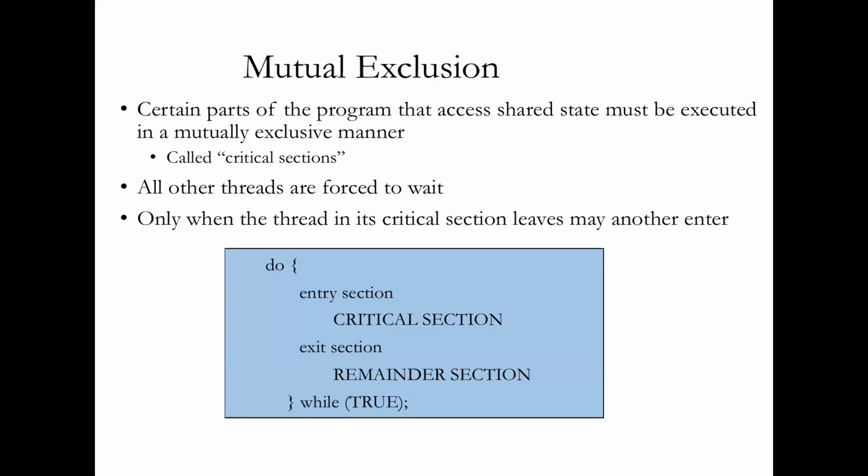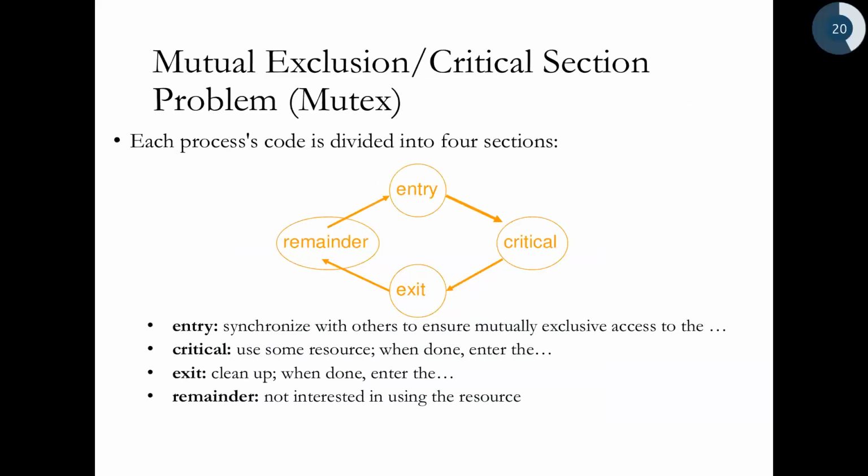So you can treat your program as a collection of sections. In the entry section, you synchronize with other threads to ensure mutually exclusive access, so only one thread enters the critical section while other threads wait.